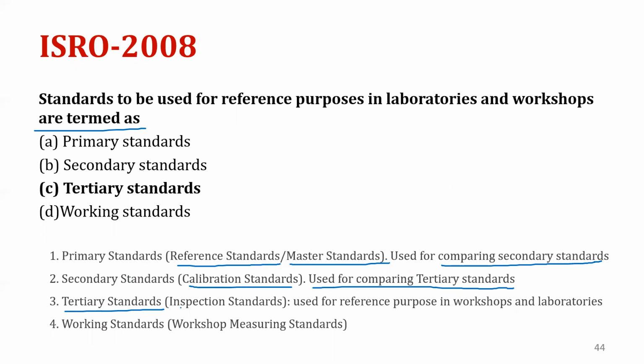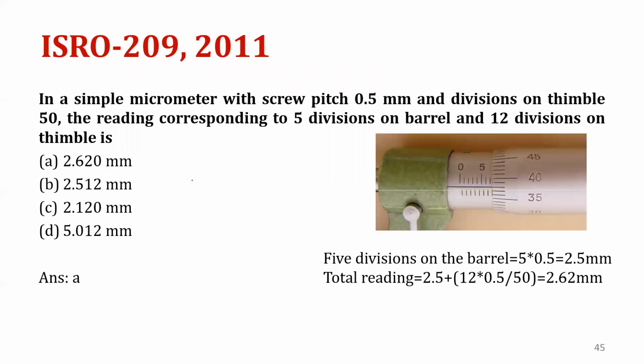Tertiary standards are also called inspection standards, used for reference purposes in workshops and laboratories. And working standards are also called workshop measuring standards. So the standards used for reference purposes in laboratories and workshops are termed as tertiary standards.